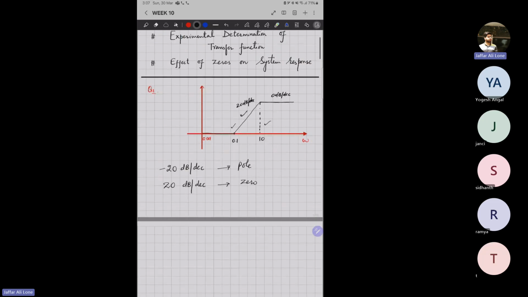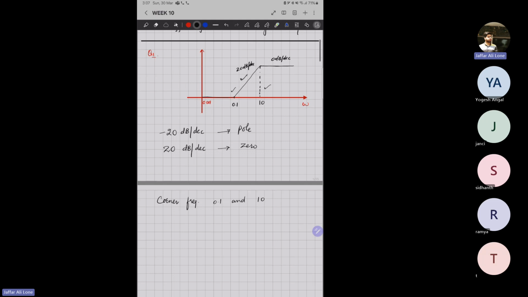So our first step is to identify corner frequencies. In our case, the corner frequencies are 0.1 and 10. If you have corner frequencies, then you can directly write the transfer function in a time constant form. So the transfer function will be something like this, k. Then we have to identify the number of zeros and the number of poles that we have.